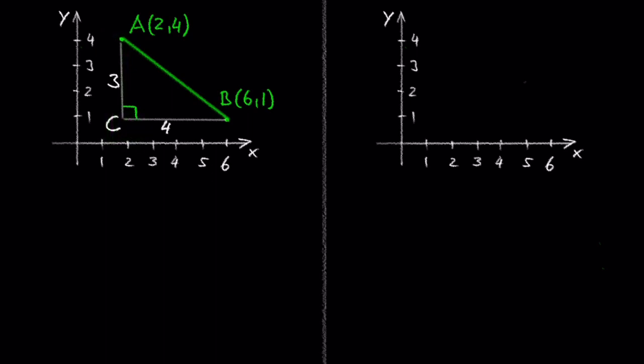Now we are all set for the Pythagorean Theorem. We know the length of this side of the triangle, and we know the length of this side of the triangle. The Pythagorean Theorem says that AB squared equals AC squared plus BC squared.